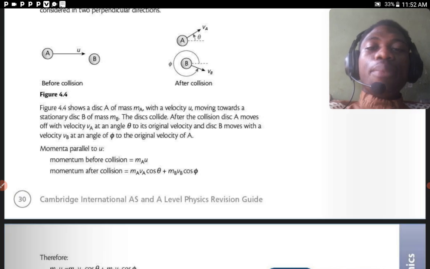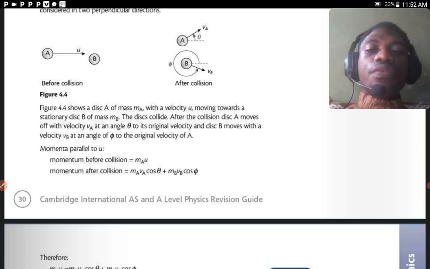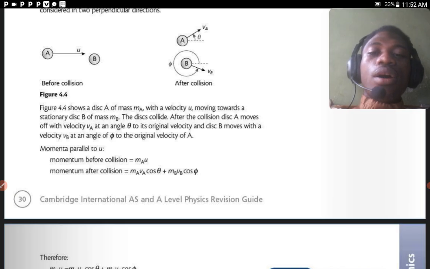We consider that B is not moving. Now when they collide, after collision, A moves off with velocity VA at an angle of theta to its original velocity. Then B moves with velocity VB at an angle of phi to the original velocity of A.